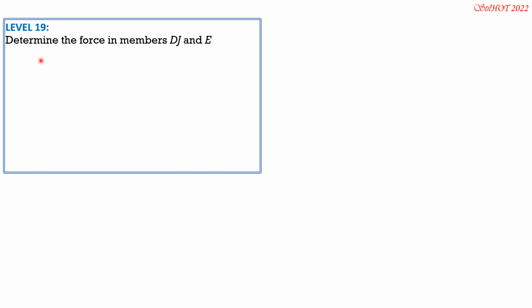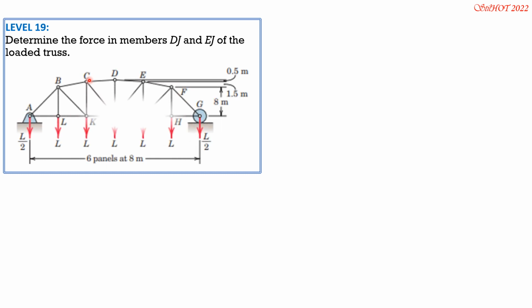Determine the force in members DJ and EJ of the loaded truss. So this is DJ and this is EJ. Look at the symmetry of the loading, the geometric symmetry, and the geometry of the truss. We use that so that we can conclude that FCD equals FDE by symmetry, and also CJ is equal to EJ by symmetry.